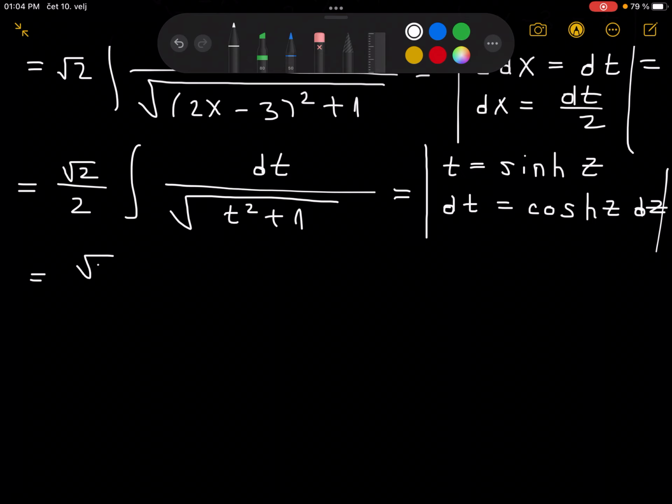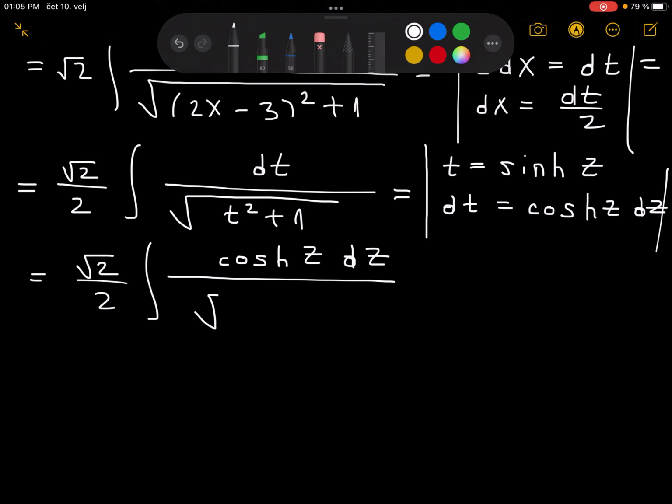So we get square root of 2 over 2 times the integral of the hyperbolic cosine of z dz over the square root of hyperbolic sine of z, and of course squared, plus 1.